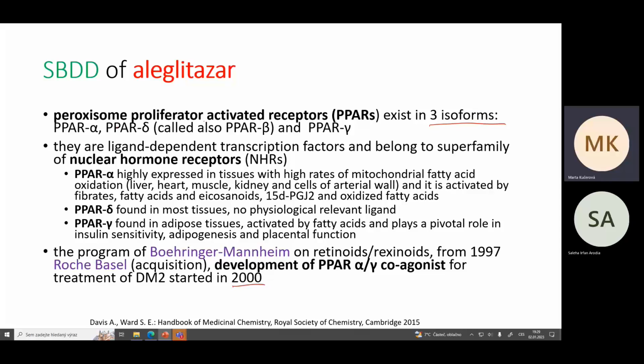And the company wanted to get a co-agonist that would be able to influence PPAR alpha that are present in different tissues like muscles, kidney, arterial cells with a high rate of mitochondrial fatty acid oxidation, and agonizing also the PPAR gamma that are present in adipose tissue and are able to activate the fatty acid usage.